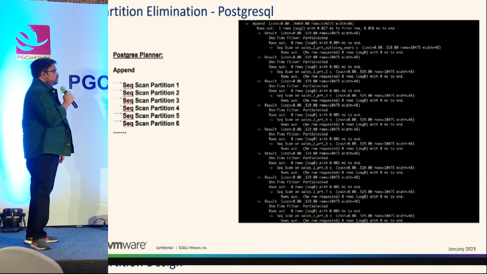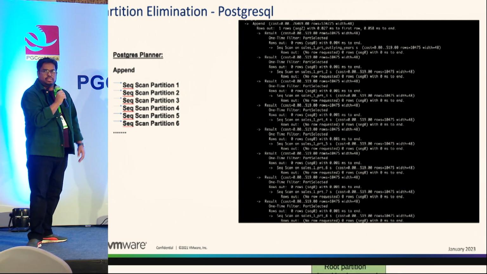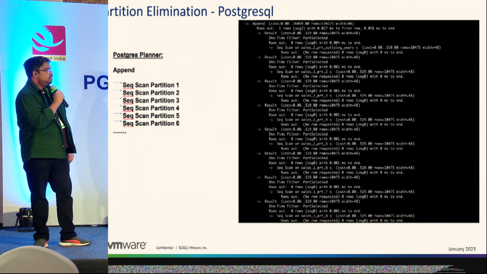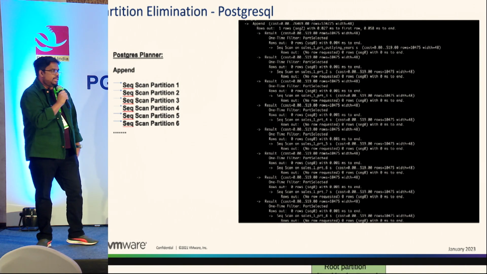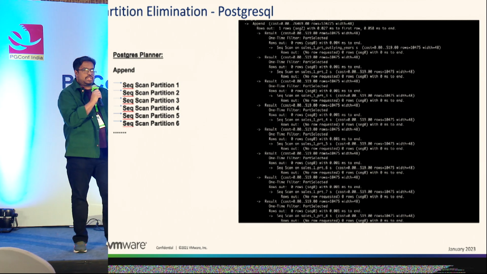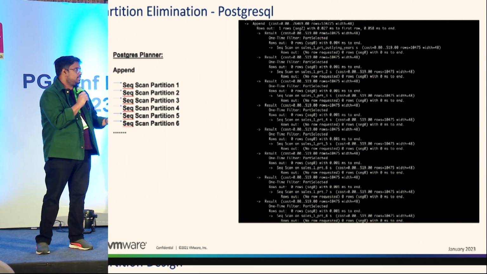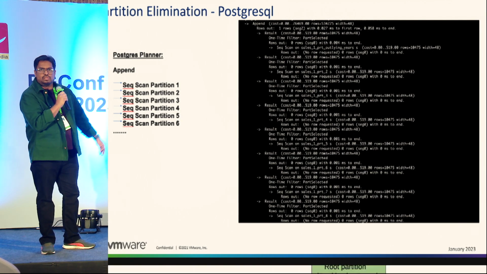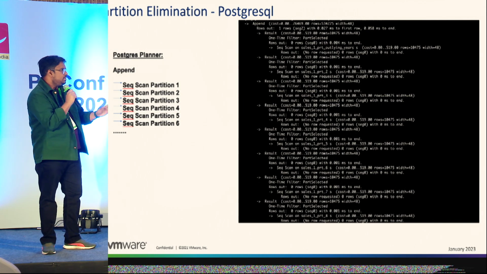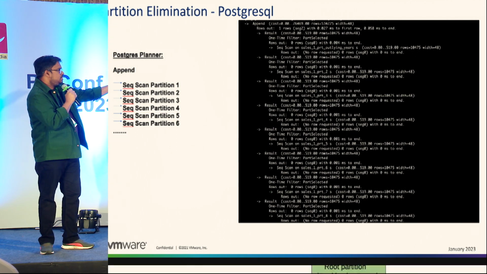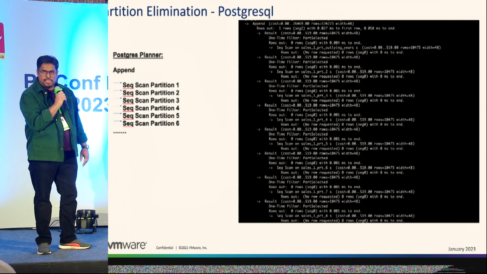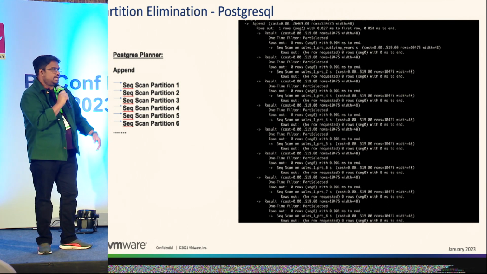When you look at partitions in PostgreSQL, the way it currently handles it is pretty straightforward. If you have a table with say 10 partitions, all it does is an append, which is underlying a union or a union all, and it just serially scans all the partitions based on your partition predicate.